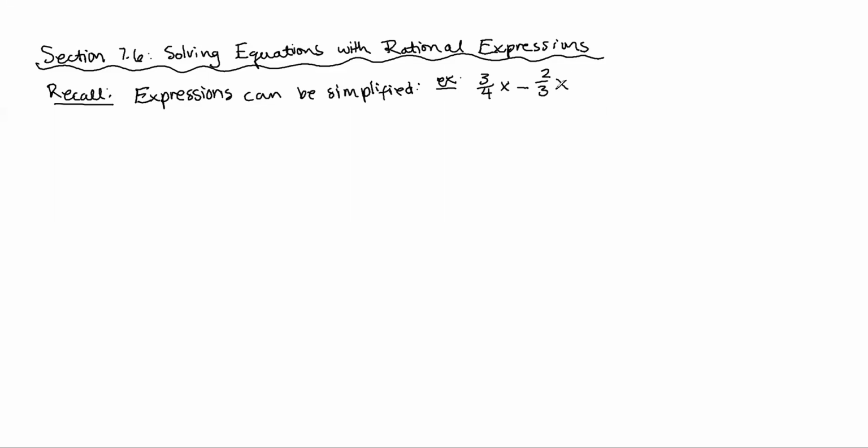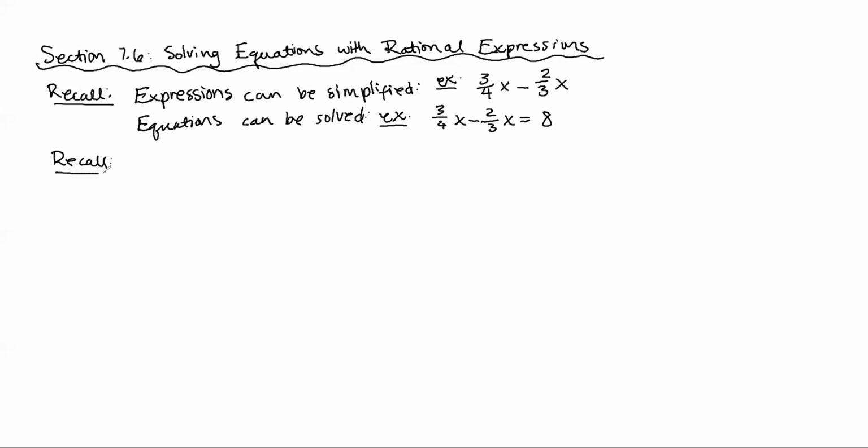So we could simplify this and combine these terms together, while equations can be solved. So anything that has an equal sign is an equation. And so let's say we had 3/4 x minus 2/3 x equals 8. So this is an equation and we can solve it. We can say what x is going to be equal to. So that's our first little bit of review.